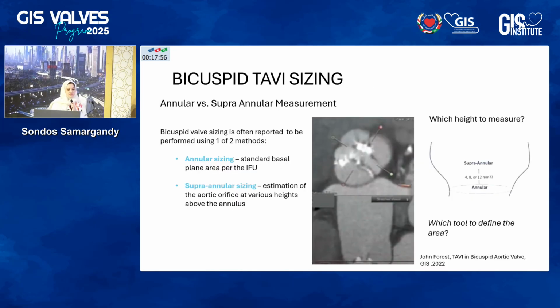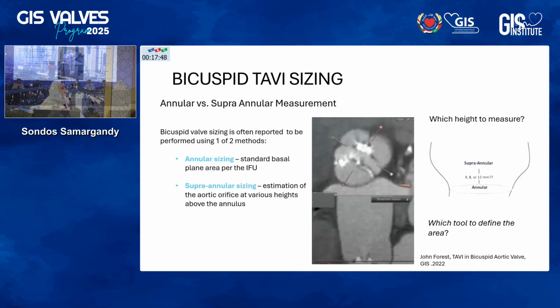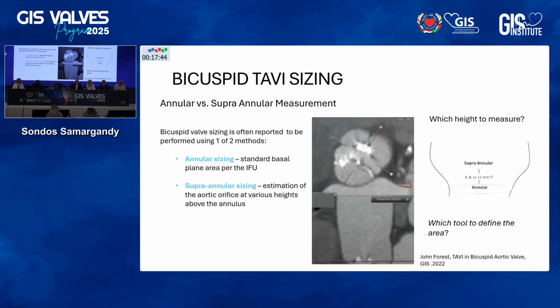What about the sizing? It's always a discussion. Should we go with annular sizing or supraannular sizing? Yeah, so this is back and forth. Many people believe that annular sizing suffices, that it's adequate. Many other people who are doing a lot of bicuspid know the complexity of the root and the shape of the sinuses.